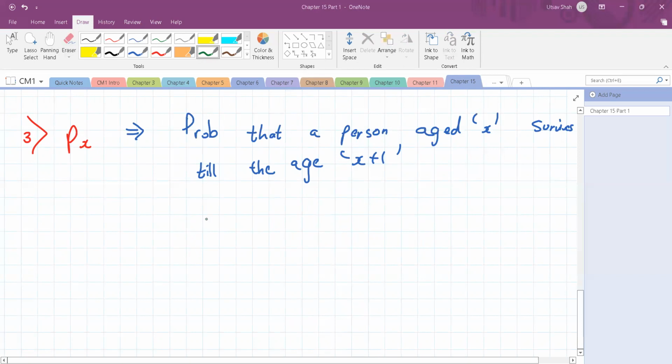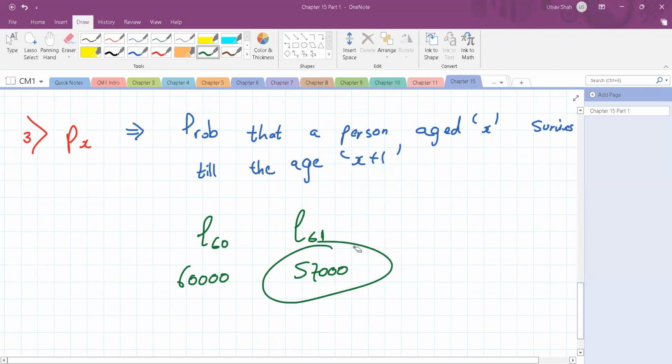How will this p60 be calculated? People at the age of 60 are l60. People at the age of 61 are l61. If the population at l60 is 60,000, and the population at l61 is 57,000, how many people out of the 60,000 survived? 57,000 people survived till the age of 61. So the probability that people will survive from the age of 60 to 61 is simply l61 upon l60.